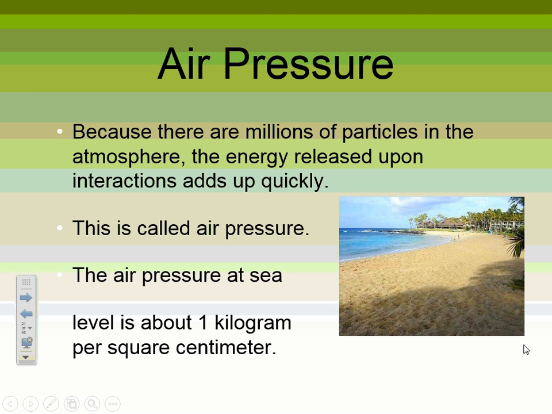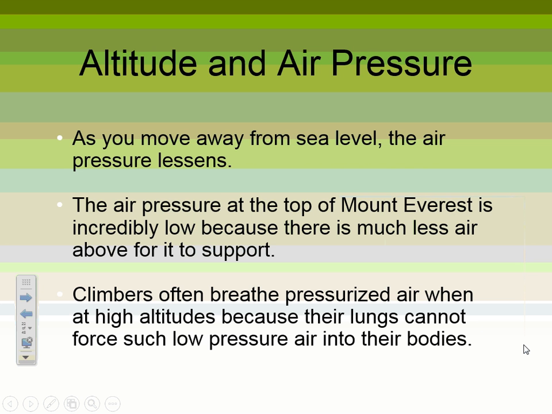The air pressure at sea level is around 1 kilogram per square centimeter. As you go up in elevation, it will change. Moving away from sea level, the air pressure tends to decrease. That's why it's so difficult to climb Mount Everest.